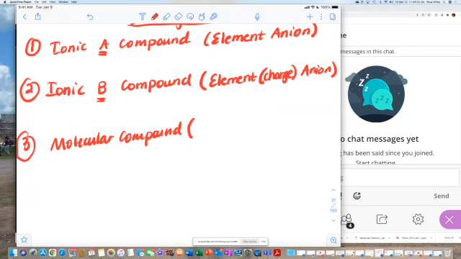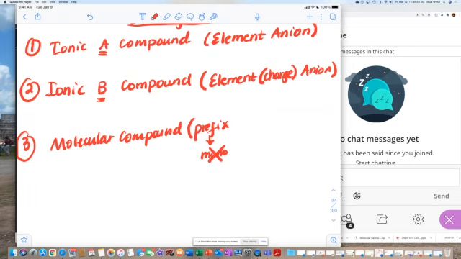So when you're looking at the name, you're looking at the name intently to judge what type of element you're dealing with. You're not just rushing to it, right? So the 4 parts are prefix, and I usually write here, no mono. If it's mono, we don't include mono.